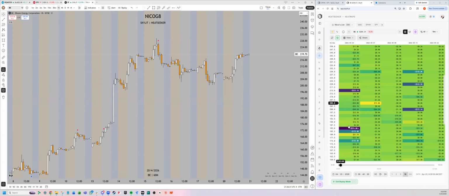Now, I will say the one danger here is you should not be playing these node to node. Yes, sometimes we do bounce off a strong floor and go all the way to the next ceiling, but not every time. The heat seeker tool is best used to gauge when we are going to have a reaction.